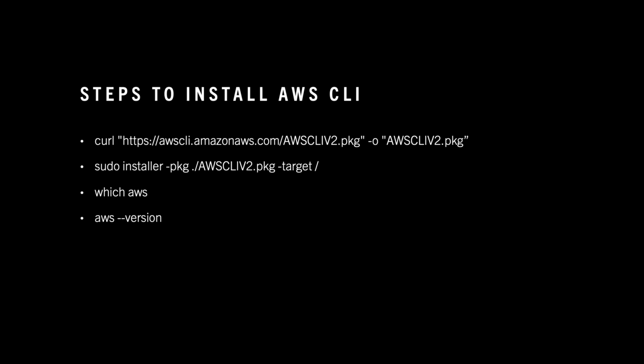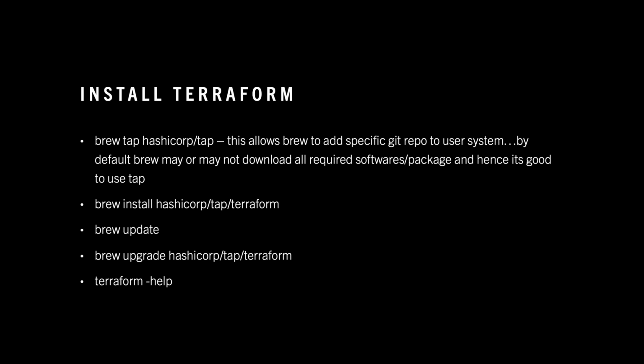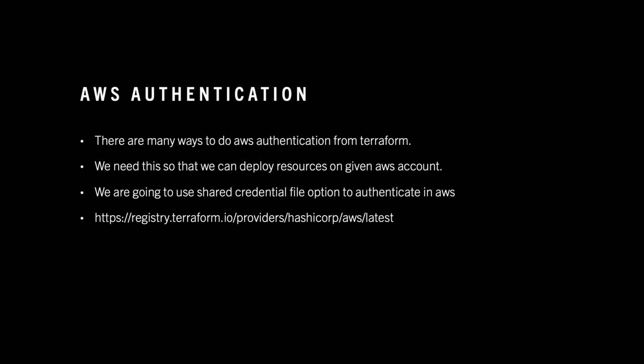There are some steps I have noted down. After installing the AWS CLI, we will install Homebrew library. Basically, Homebrew is a free open source package manager for MacBook or macOS. Then we will install Terraform using Brew, and lastly we will do the AWS authentication.